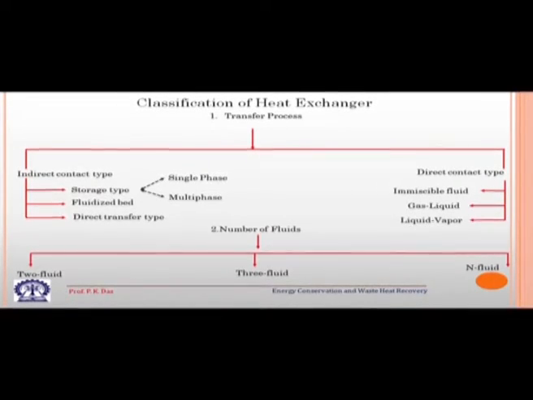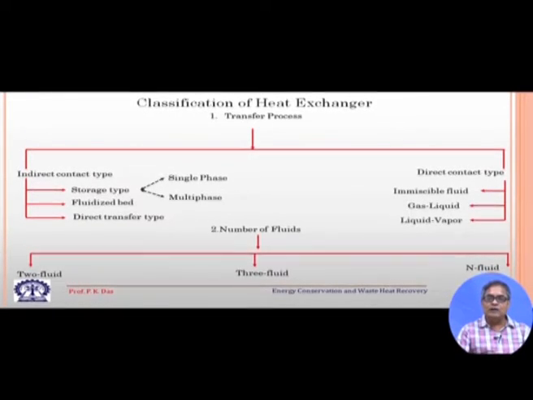So, this is your direct transfer type and indirect transfer type. There is also the direct contact type, where the two fluid streams mix or come in contact with each other and exchange thermal energy. There could be two immiscible fluids transferring thermal energy between each other. There could be a gas stream and a liquid stream, or a liquid and a vapor stream.